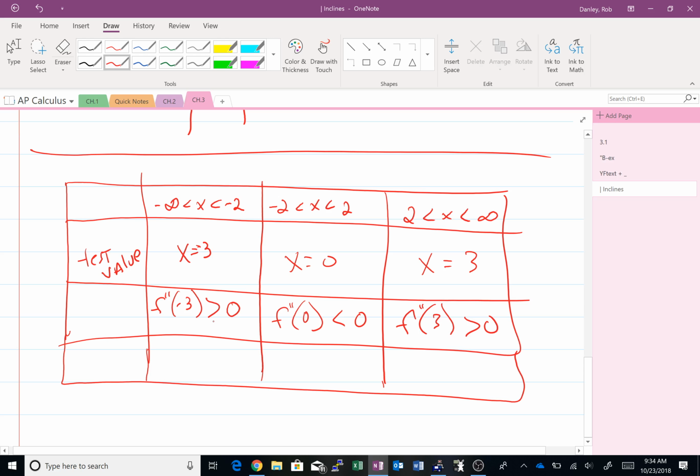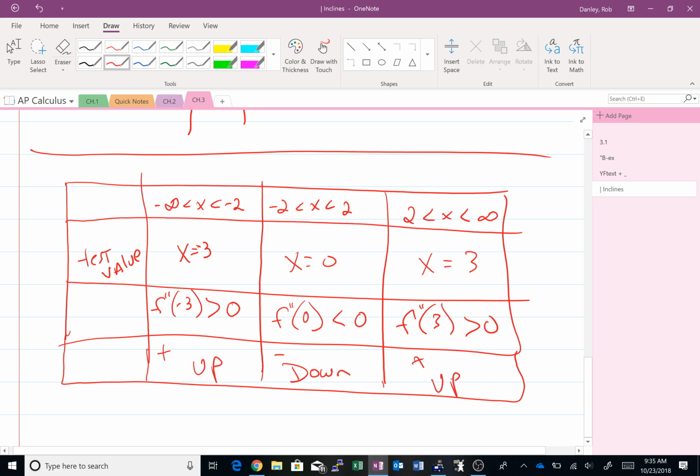Concave up, because it's greater than 0, positive. And this one is less than 0, so it's negative, so the concavity is down. And f double prime of 3 is positive, so it's concave up.